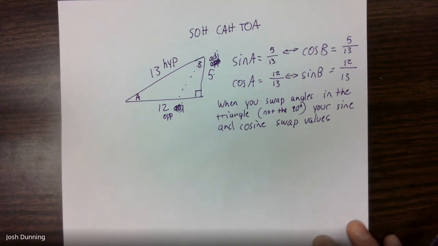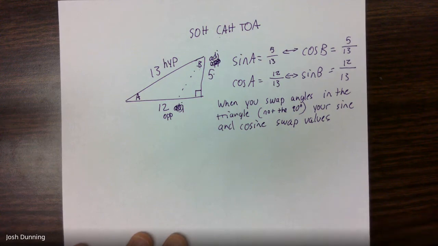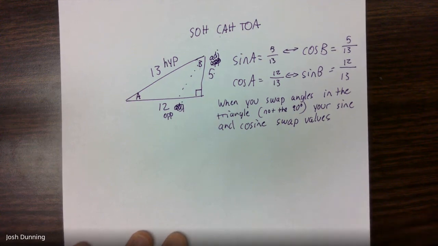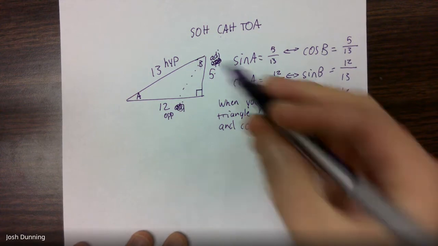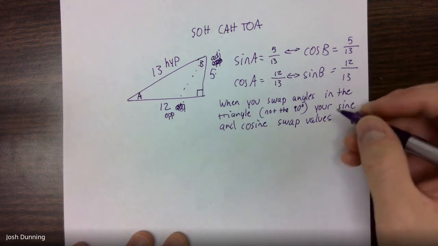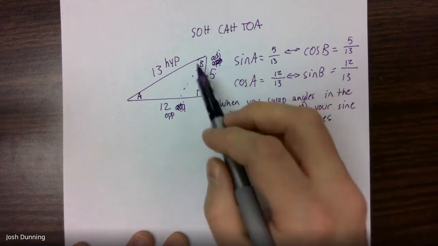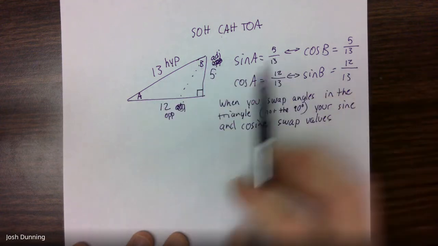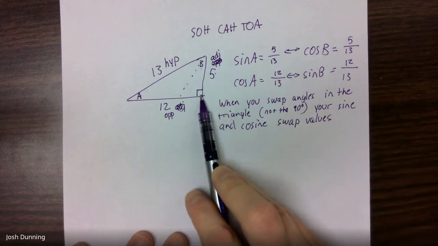Now, if we take a look for a more mathematical explanation here versus just talking about how they swap, the three angles of a triangle always add up to 180. And we've talked about that a lot. This is 90.